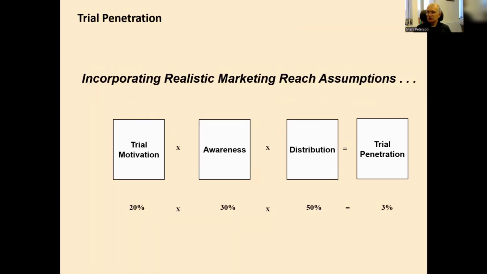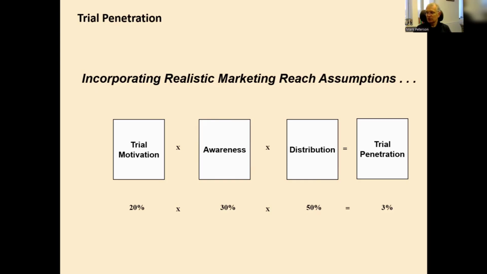In these test markets, you can compute trial penetration for your new version of your brand or your new brand itself. So you gauge what is the trial motivation for consumers. So, how many of them bought the product? And then how many were actually aware in the market of your product?